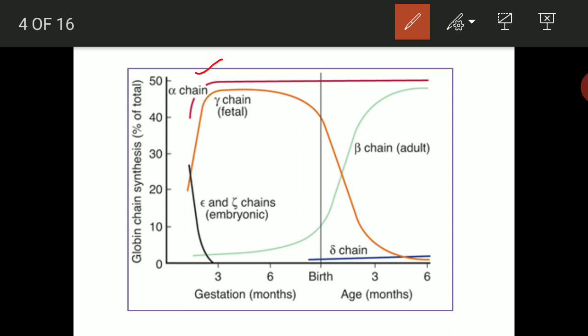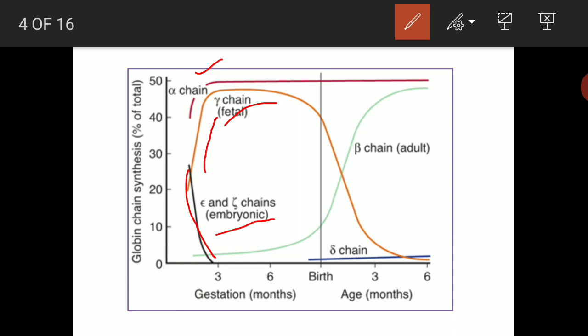Before 3 months of age, there are epsilon and psi chains, and these constitute embryonic hemoglobin. They are synthesized in the initial phase of gestation, and at about 3 months they decline to zero. Then the synthesis of gamma chain increases as gestation advances beyond 3 months, and it contributes a higher percentage in the later phase of gestation.